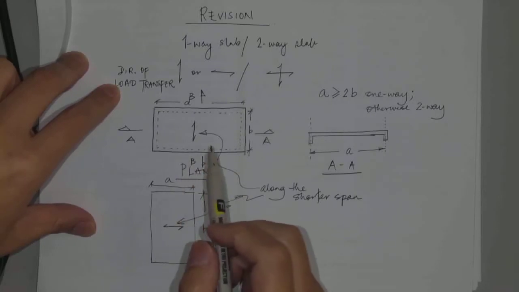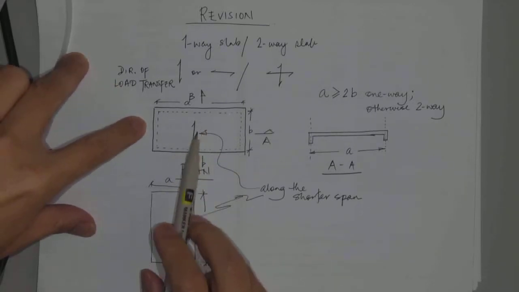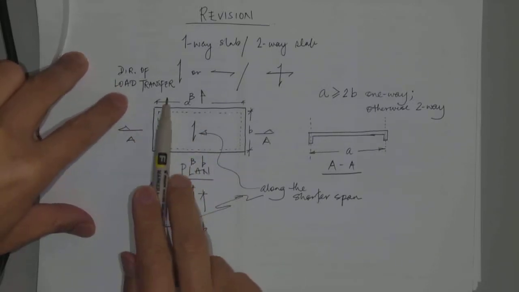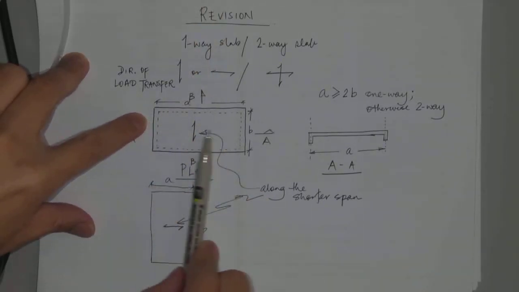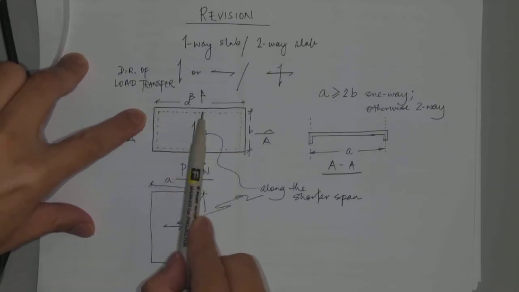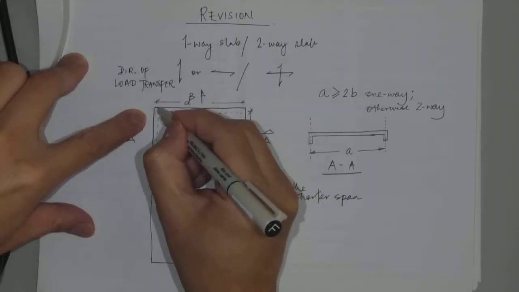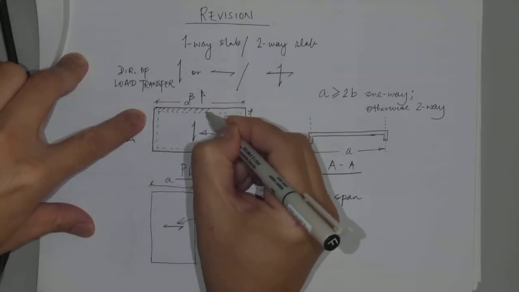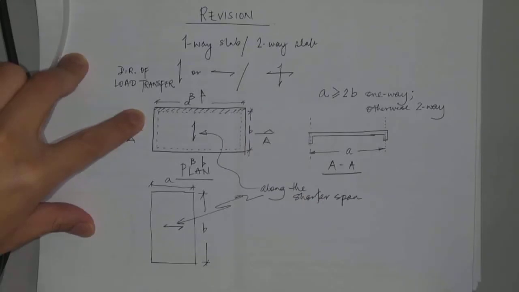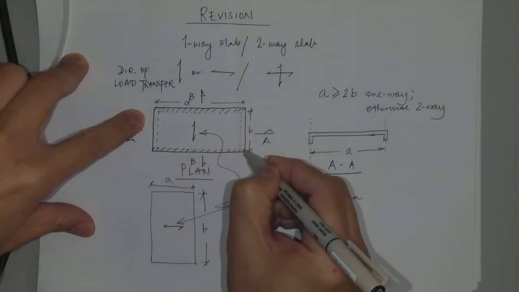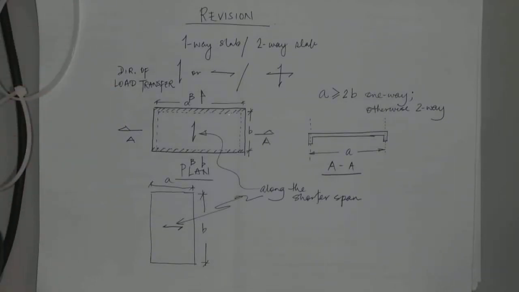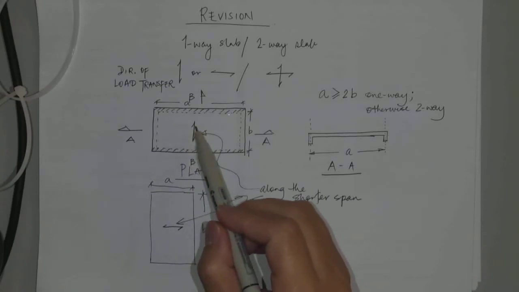That implies if this is a one-way slab and the load transfer is in this direction, the loading on this slab, including its self-weight, is transferred to this beam, and this beam. This is what the symbol actually means.